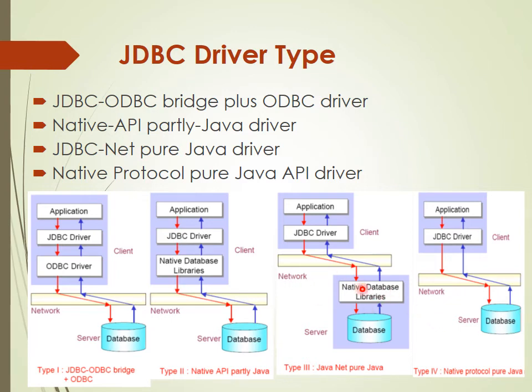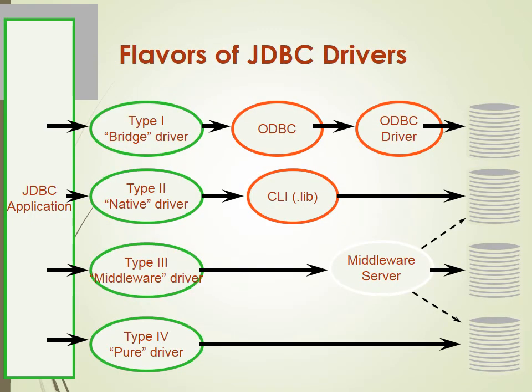No middleware, nothing is required into it. Again you can see the flavors. Type 1 has an ODBC driver. Type 2 was having that CLI libraries. Middleware driver was also able to connect, but you can see the type 4, that is a pure driver, direct connection with the database.